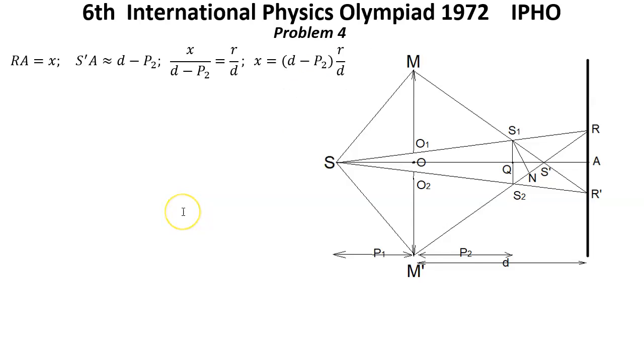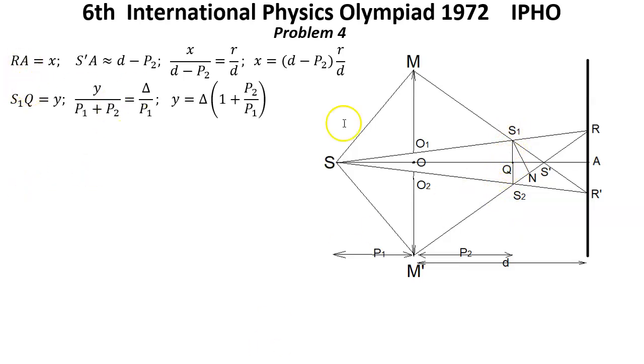Now let's count what happened to distance S1Q. Suppose that S1Q, this one, equals y. In that case, again compare triangles. We have y over P1 plus P2 equal delta, which is the distance from O to O1, over P1.